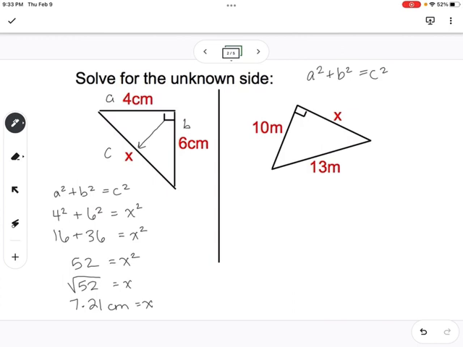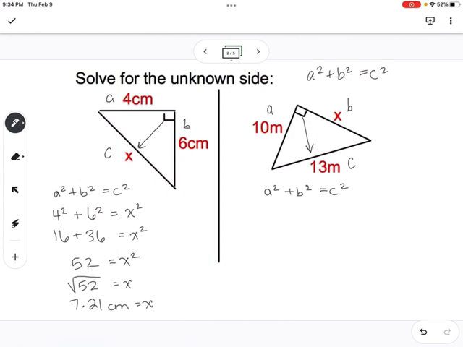Okay, looking at the second example here, we have a triangle. We know two sides. We need to find the third side. Labeling our sides, across from the 90 degree is where our hypotenuse C is. And we can label our other sides as A and B. So again, Pythagorean theorem, A squared plus B squared equals C squared.